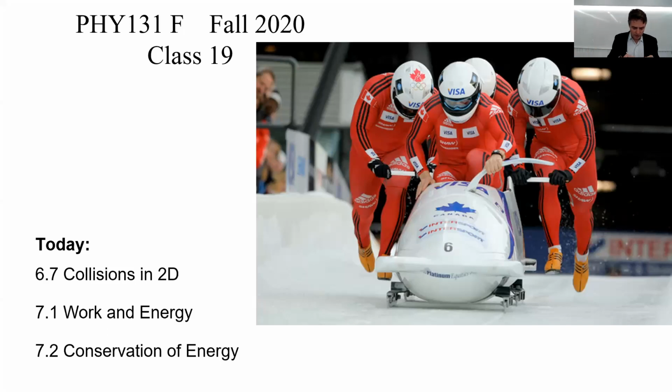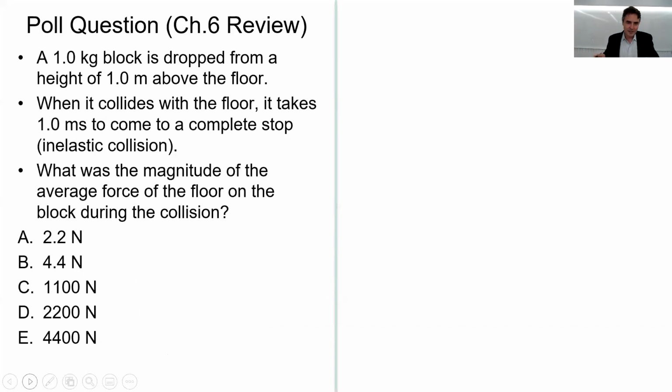But let's get going. Actually, I want to start things with a poll. Now, this is actually a numerical poll. So the question is, you've got a 1 kilogram block, which has dropped from a height of 1 meter above the floor. When it collides with the floor, it takes 1 millisecond to come to a complete stop. This is an inelastic collision.